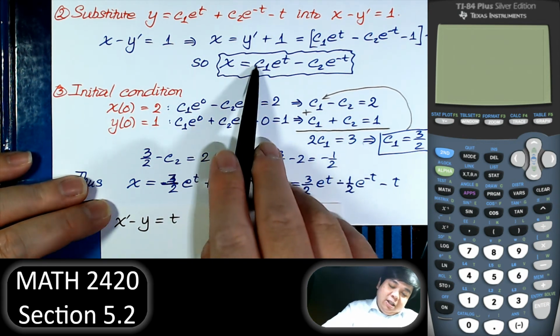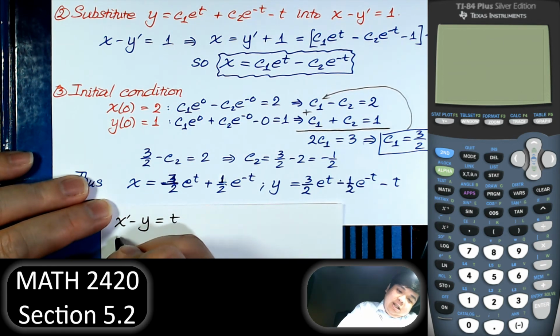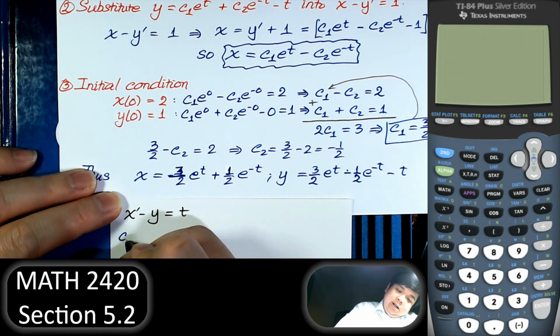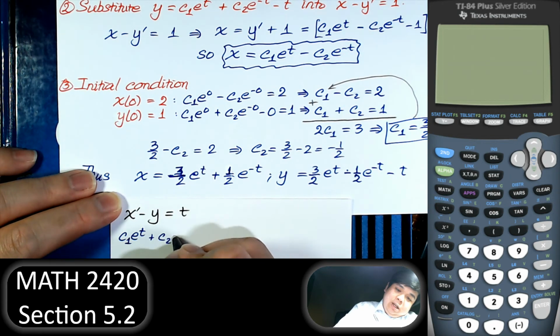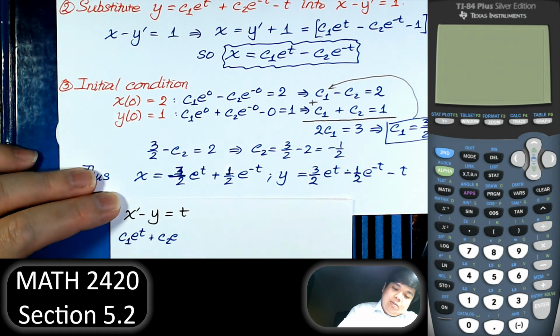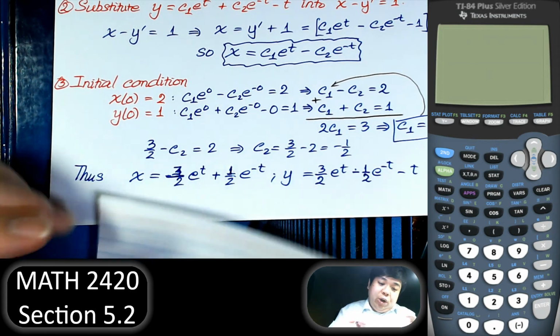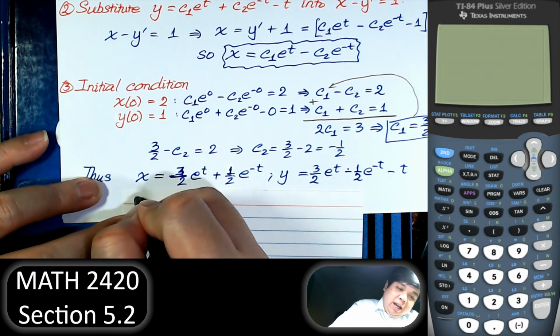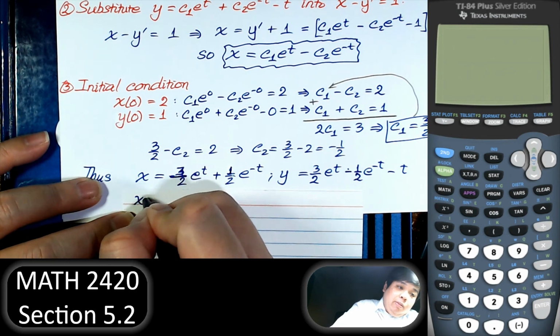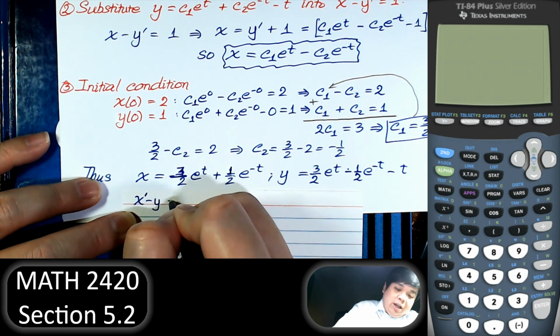Derivative of x is going to be c1 e to the t, and that will be extra negative, so that plus c2 e to the... sorry, we do have the solution here, so let's write that again. X prime minus y equal to t.